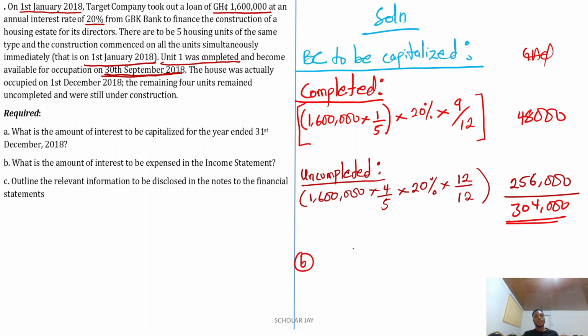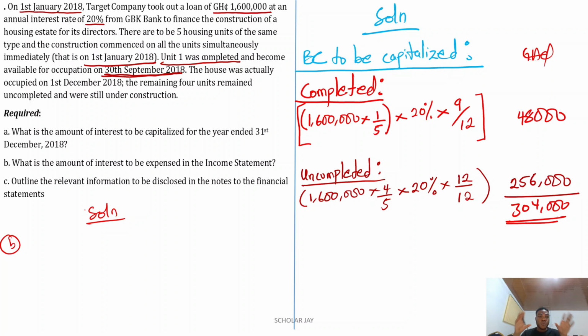Now, B is asking what is the amount of interest to be expensed? So B, solution. To know the interest to be expensed, it's very simple.